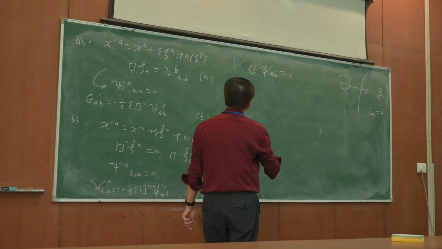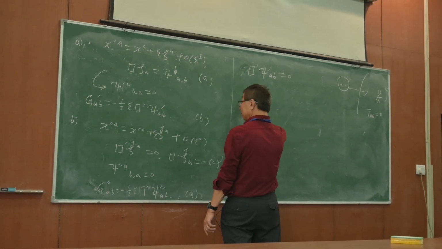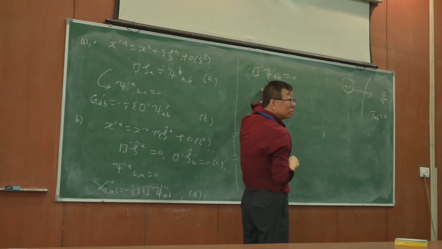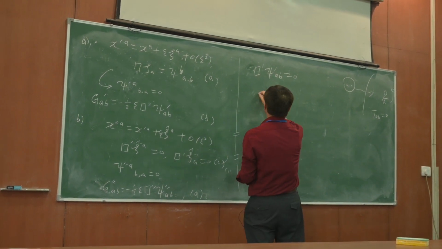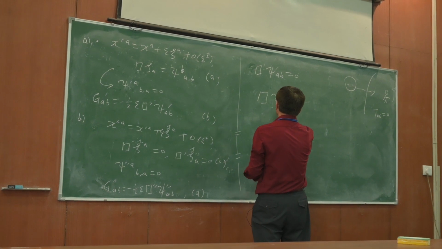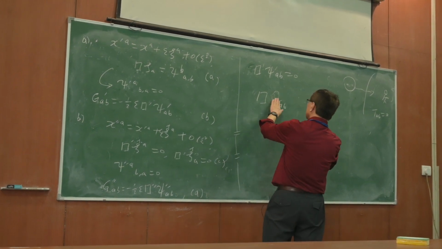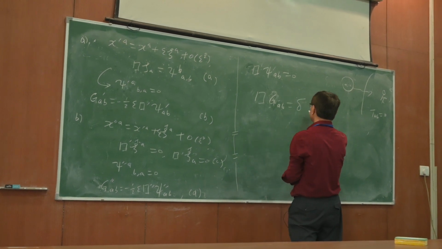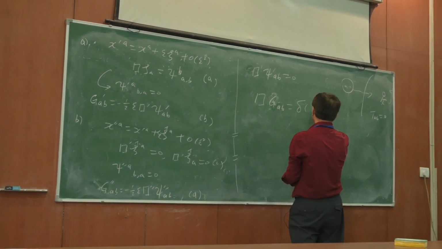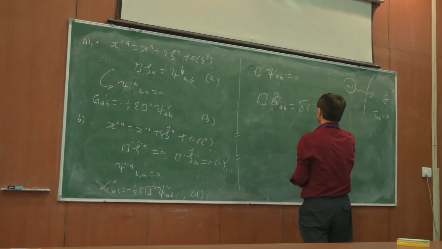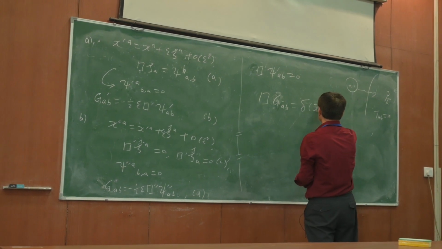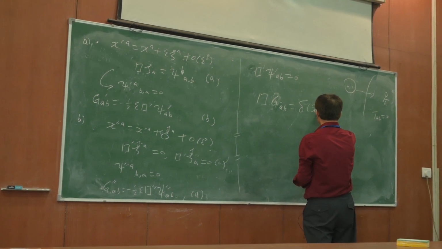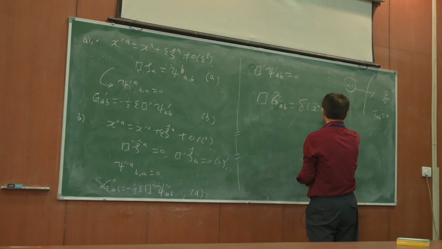I can use the Green's function method. So I consider phi AB, and this is called GAB, the delta function. I have the wave here. This will be x minus x prime.